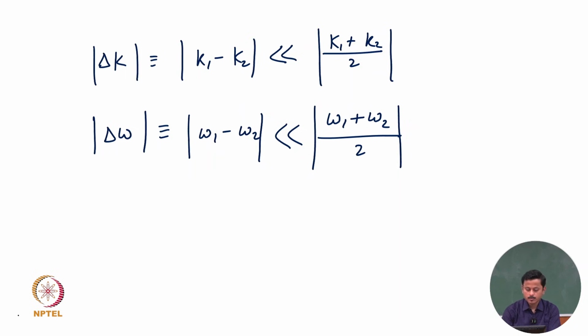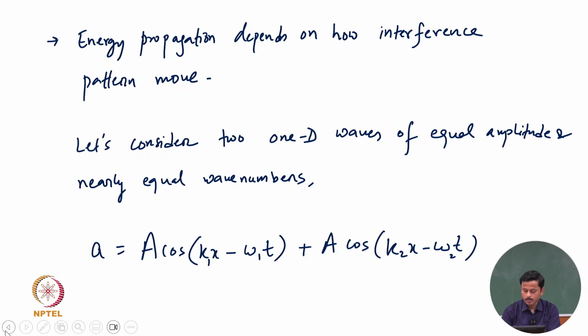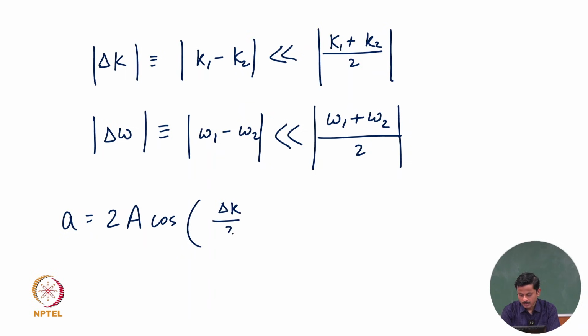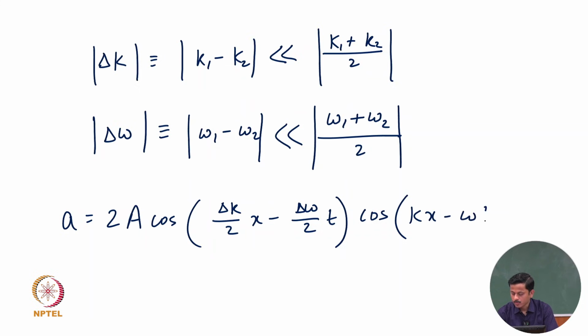Okay, so with the above conditions and this kind of a wave, the superposition can be represented as A equal to 2 capital A cos(delta k by 2 x minus delta omega by 2 t) times a second cosine function, cos(kx minus omega t).